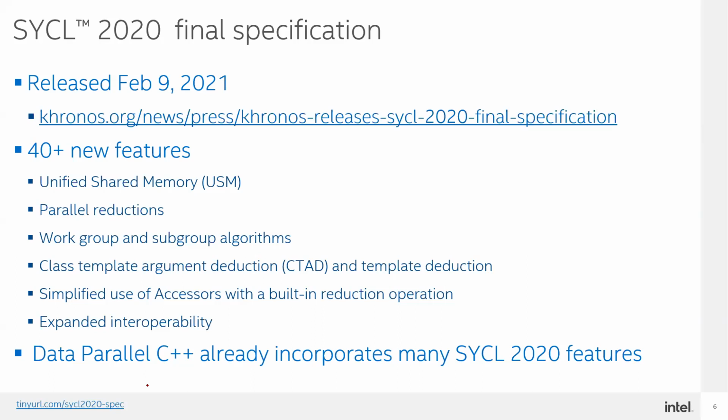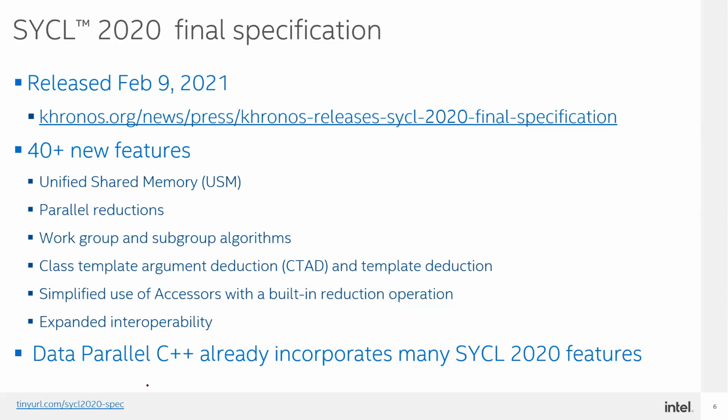The latest standard was released in February this year, so it's really fresh, and there is not a single compiler which supports it with 100% conformance with SYCL 2020. But since we were influencing it a lot, we have already many major features implemented in DPC++, which are part of SYCL 2020. Overall, there are more than 40 new features in SYCL 2020.